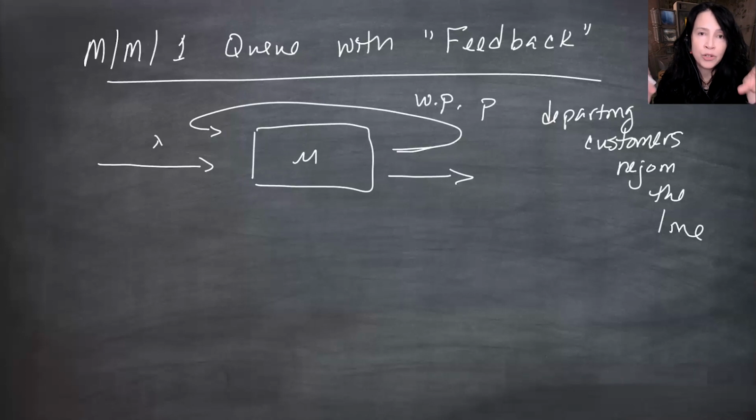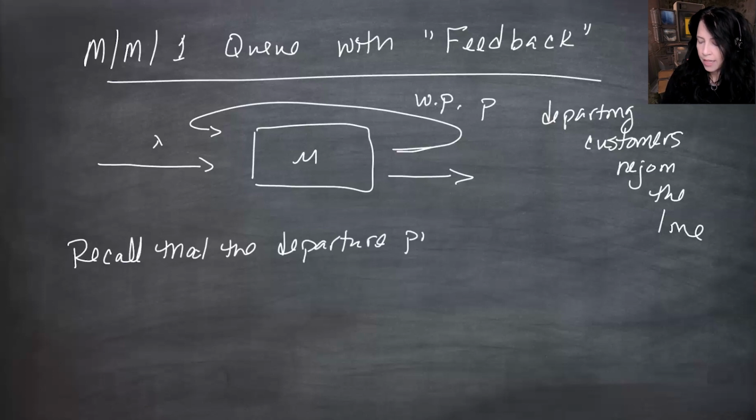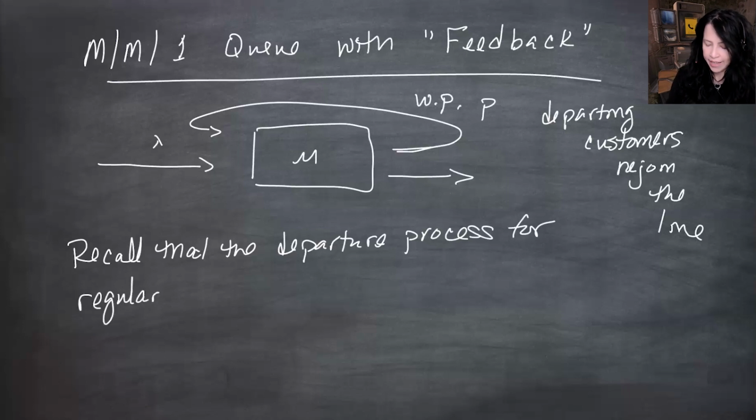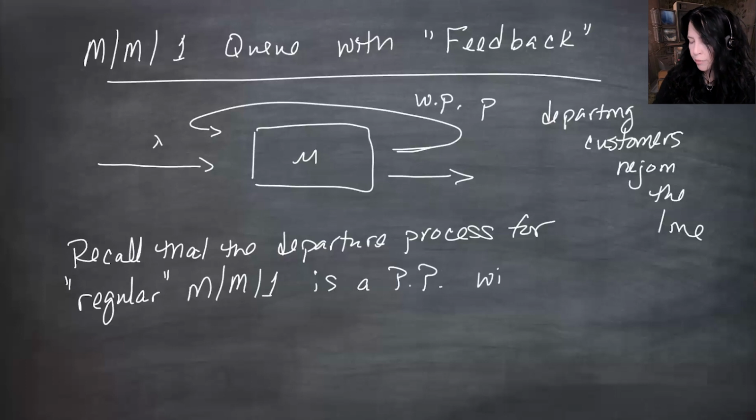And we actually showed part of the claim that the departure process for the M/M/1 queue is a Poisson process with rate lambda. So recall that the departure process for the regular non-feedback M/M/1 is a Poisson process with rate lambda.